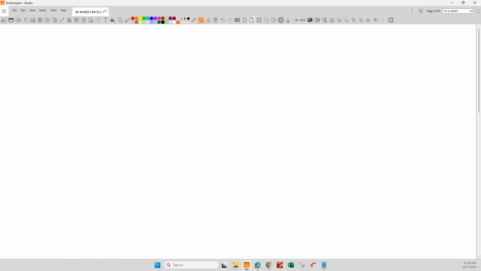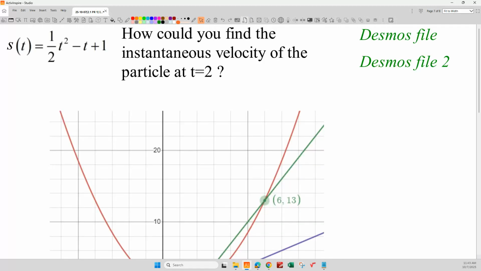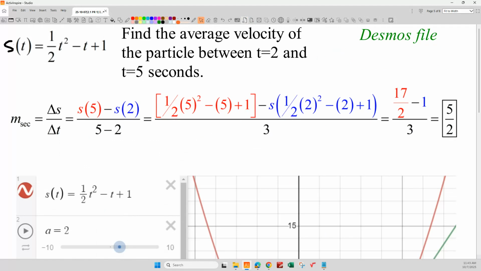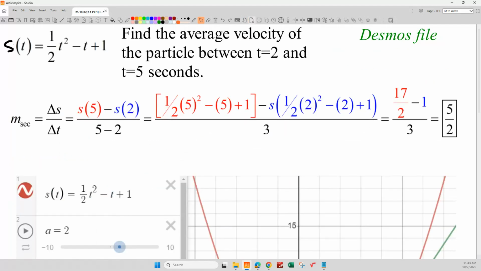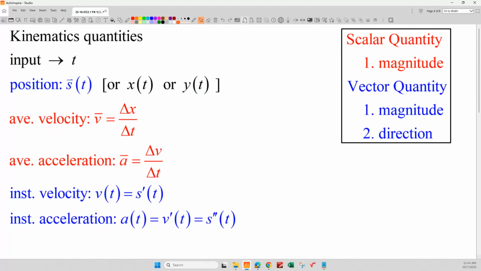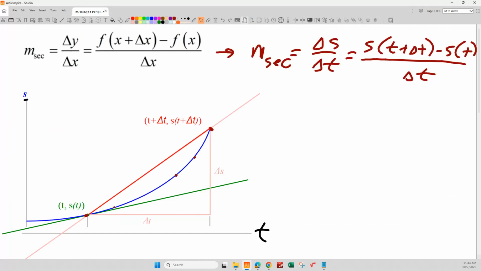I guess that was it for today. But let's not have that be it for today. Let's go back for a second. Let's go back to this right here. The slope of a secant line, right, was this stuff right here. Here's the slope of a secant line. This is average velocity, right? We could take a limit of that as what?